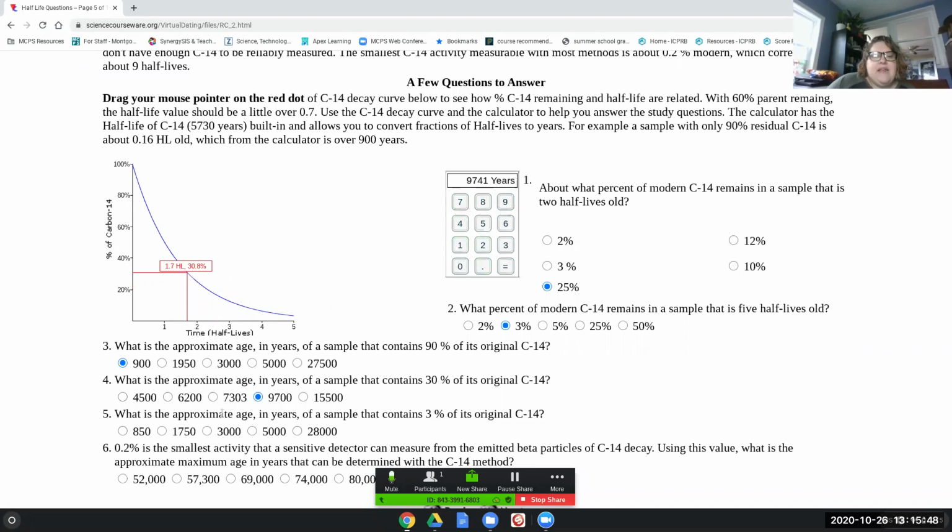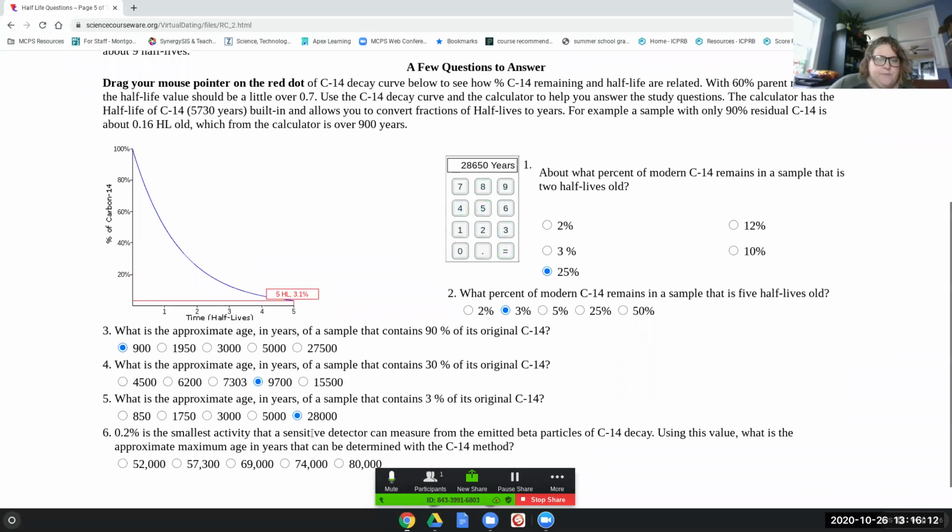What is the approximate age in years of a sample that contains 3%? Well, from question 2, 3% was around 5 half-lives. So do 5. And that would really, in your calculators, be 5 times this number. Should be around 28,000, just rounding to whatever's closest to my number.